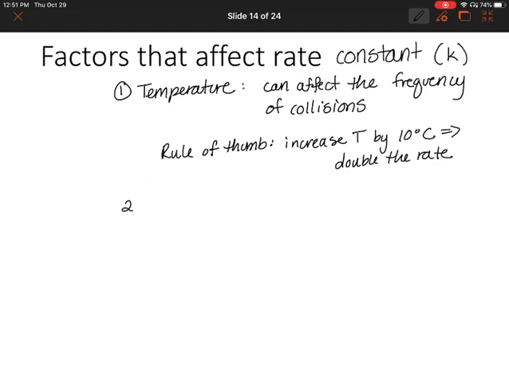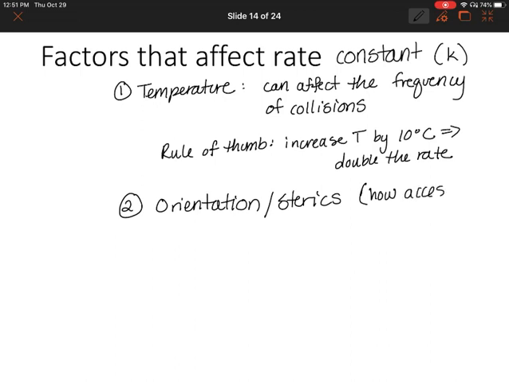All right, second, let's talk about orientation of the molecules, also known as sterics. So this is really just referring to how accessible is the reaction site.